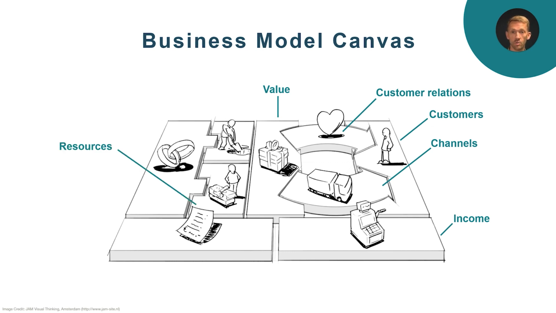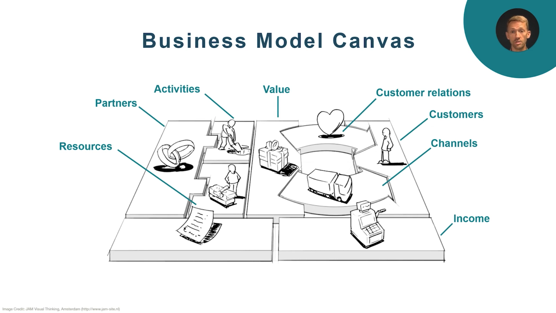On the other side of the model, we have key resources. And this is about the resources necessary to deliver the value to the customers effectively. We also have key activities, and this refers to the essential actions and processes required to initiate or sustain the value creation.